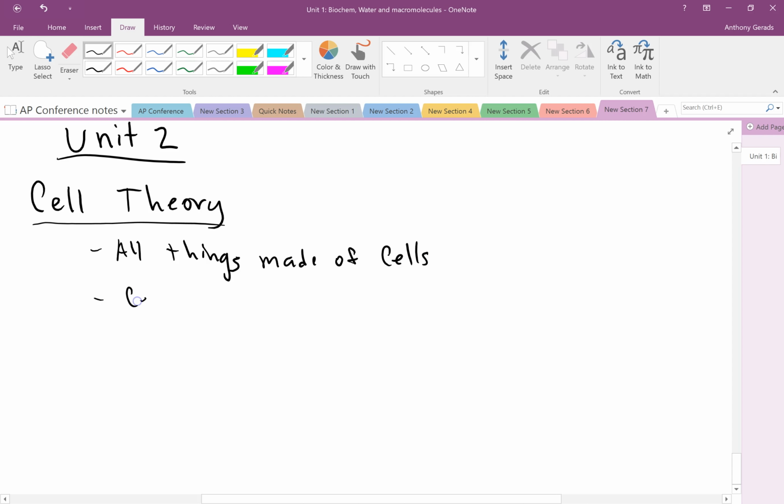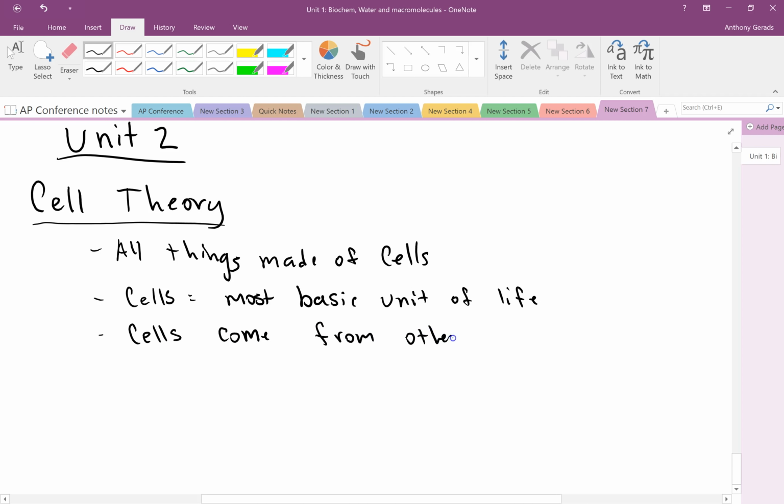Cells equal the most basic unit of life. And cells come from other cells.